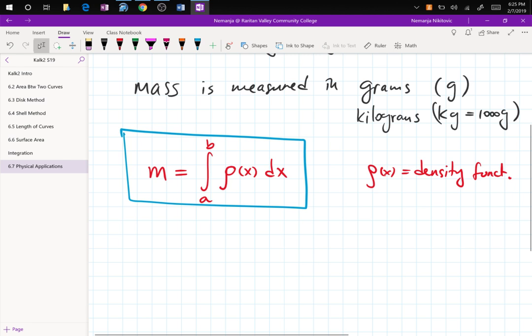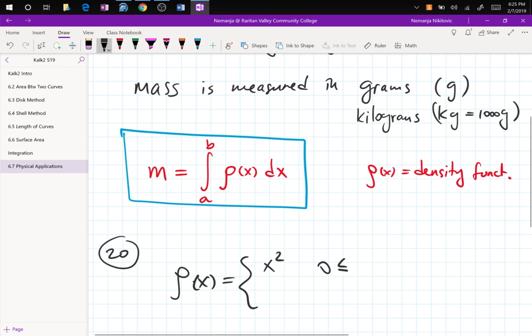So the density function, rho of x, is going to be x squared on the interval 0 ≤ x ≤ 1, and x(2 - x) on 1 < x ≤ 2.